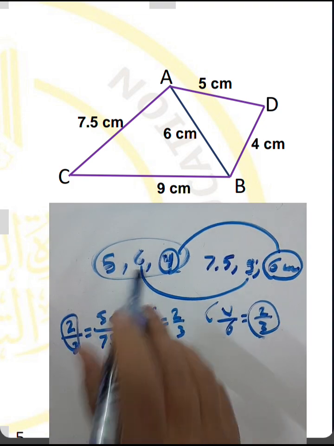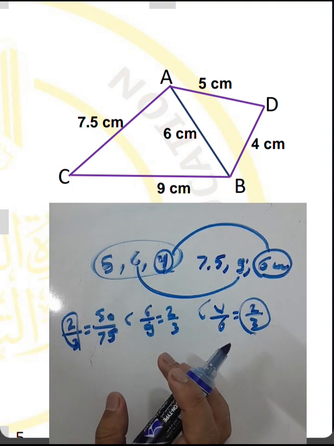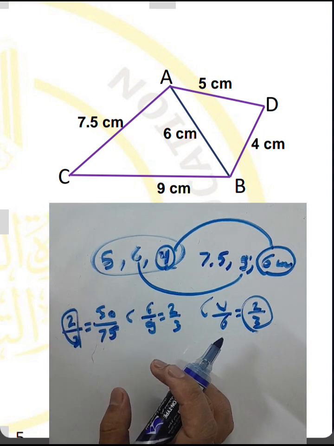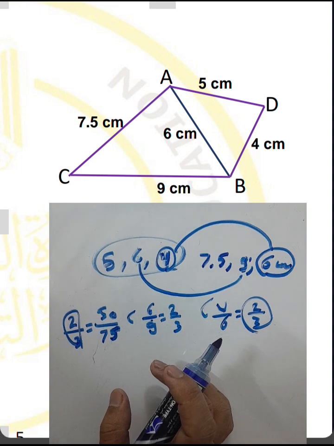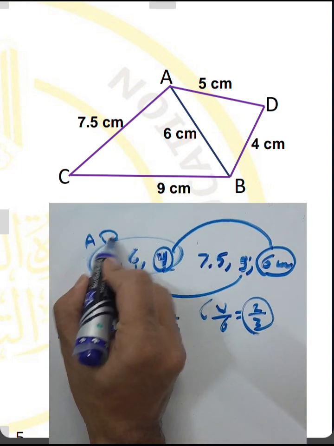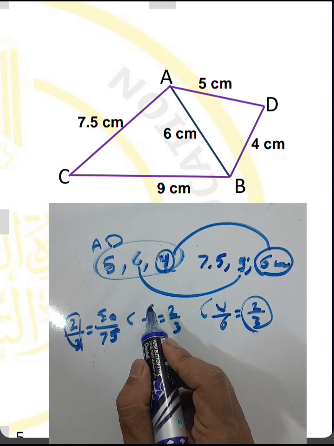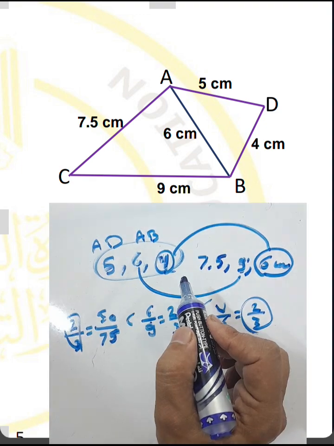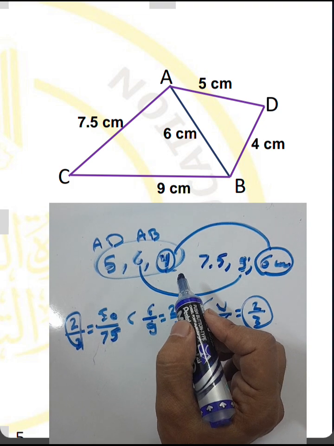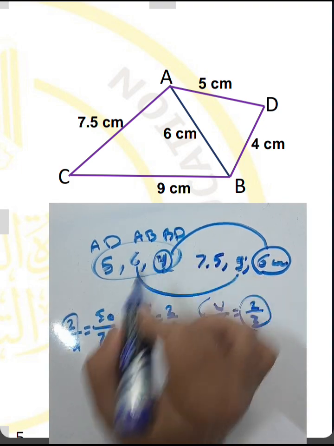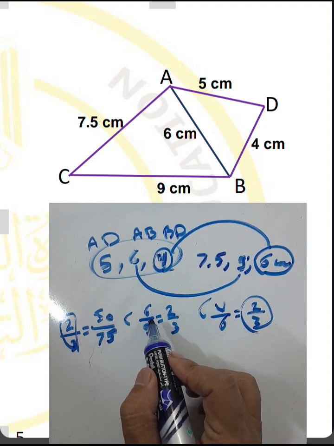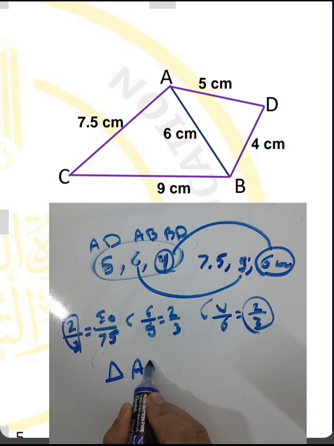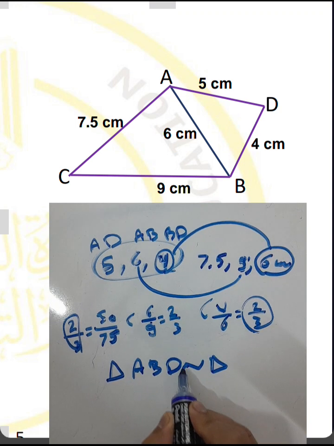Okay, it's very easy here. Understood? I write the ratio between 5 and 7.5. Then I write here 5 versus AD. Okay, you can write here AD, and 6 was AB, and 4 was BD. Okay, and then you can write this triangle. If you write the first triangle ADB similar to what?